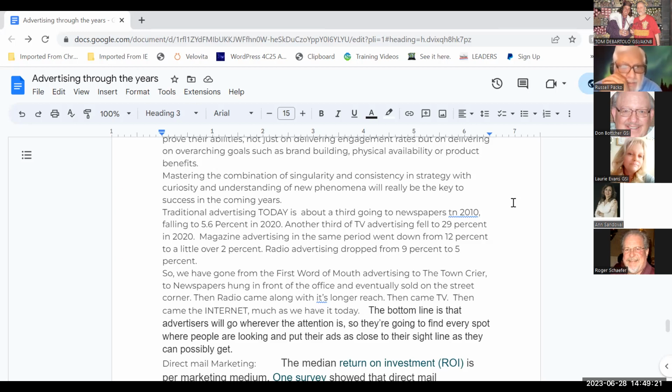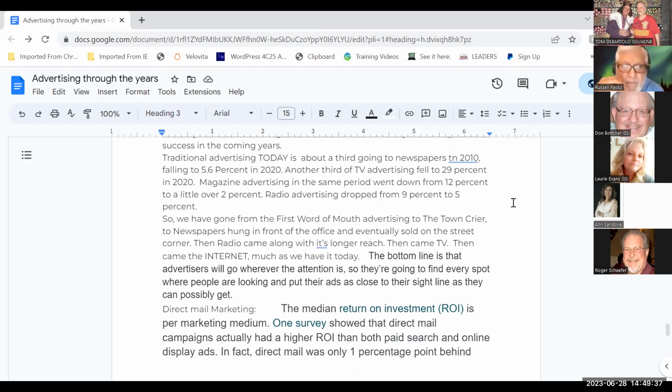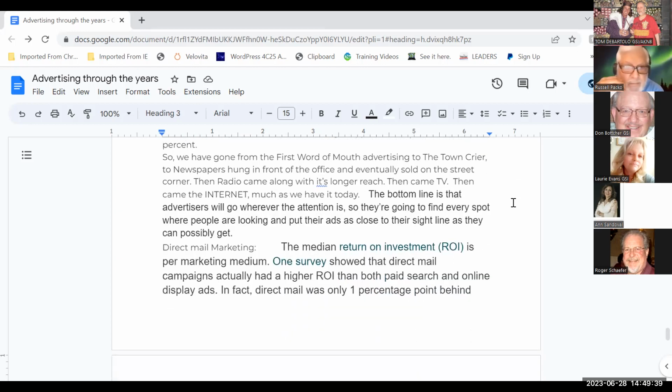Traditional advertising today is about a third going to newspapers into 2010. In 2020, magazine advertising in the same period went down from 12% to a little over 2%. Radio advertising dropped from 9% to 5%. So we have gone from the first word of mouth advertising to the town crier to the newspaper hung in front of the office and eventually sold on the street corner.